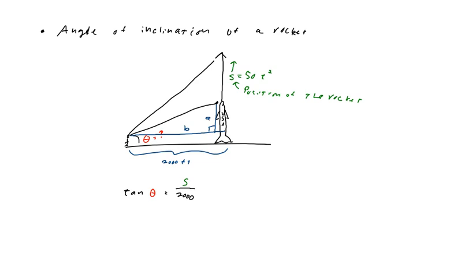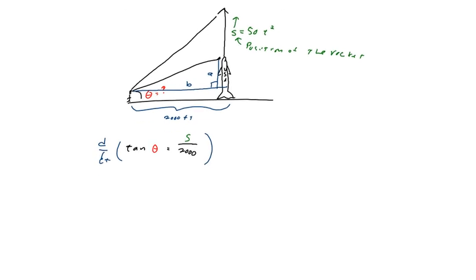So we'll go over more of this over time. If we did a derivative, let's just quickly do d/dt of this. We're going to get the derivative of tangent, secant squared theta, d theta dt.